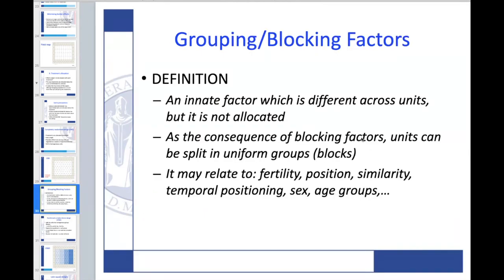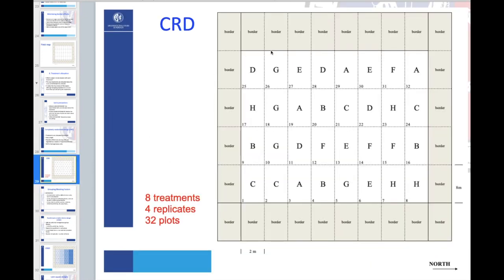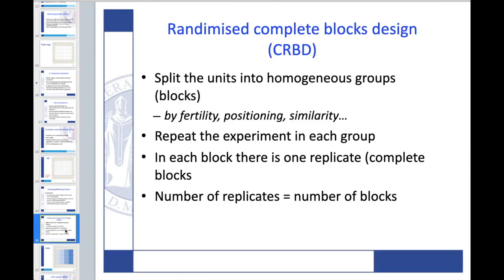And I can exploit that factor because I can split the units in uniform groups, which I call blocks. So in this case, I could make a first block with 8 units here, and the second block with 8 units here, and the third block here, and the fourth block here. So I could divide the units in blocks.